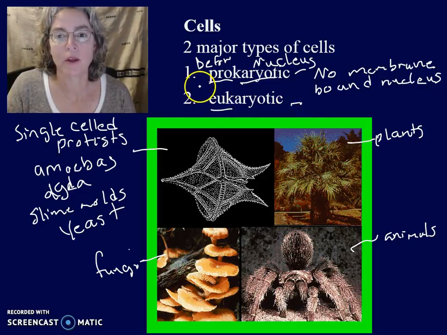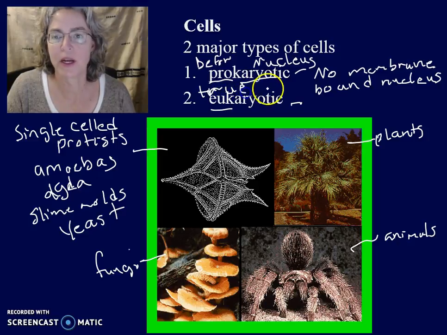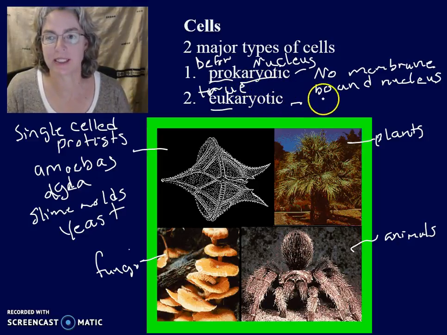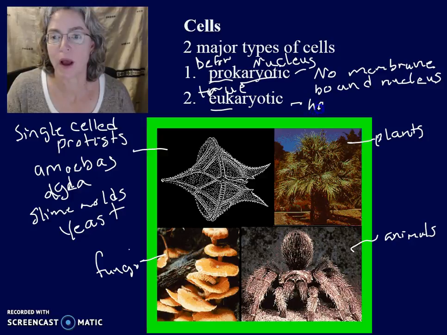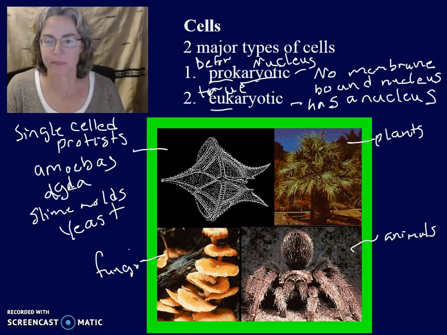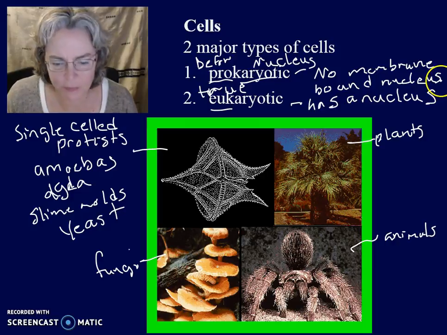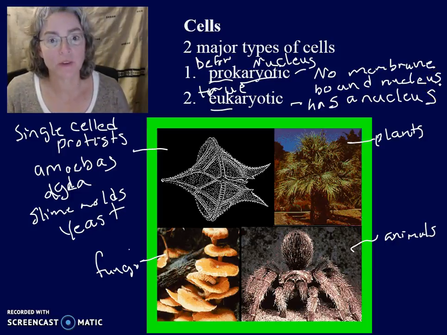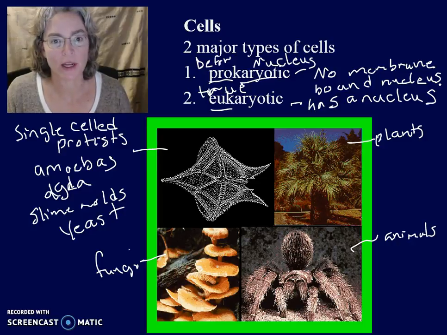Eukaryote, eu means true, that's an E, true nucleus. So, a eukaryote has a membrane-bound nucleus. Okay, so in this video, I'm going to talk mostly about prokaryotic cells.